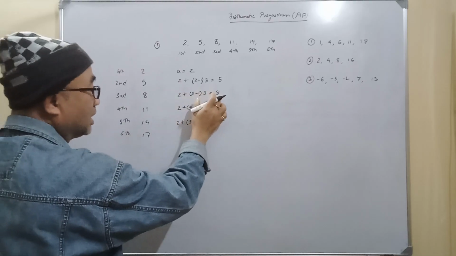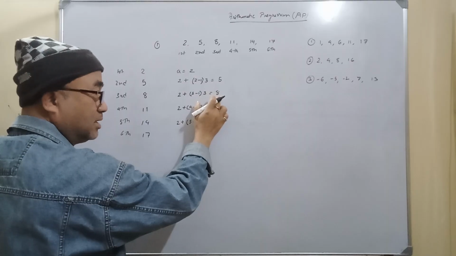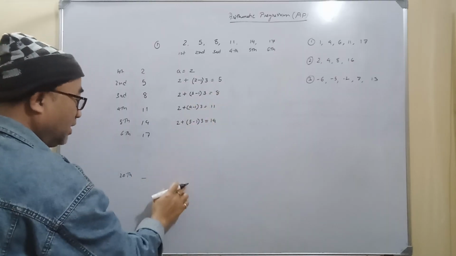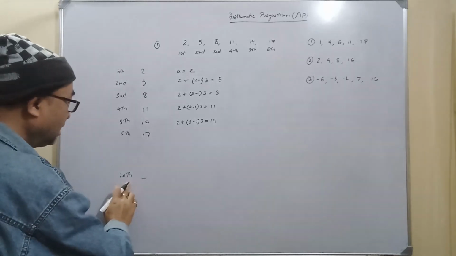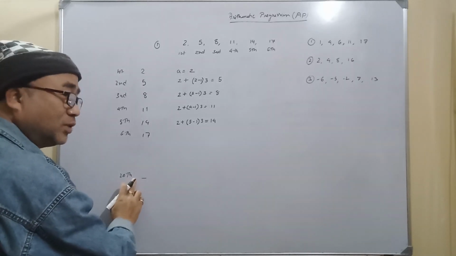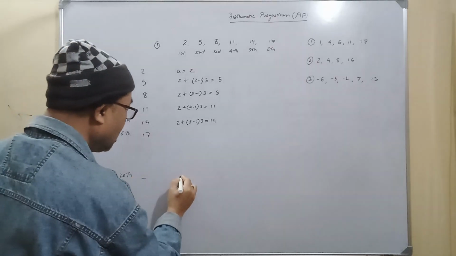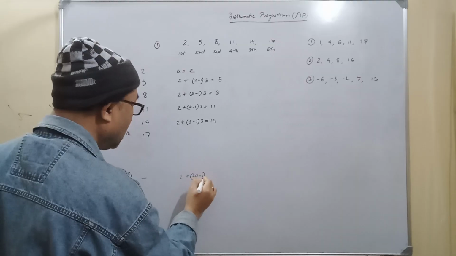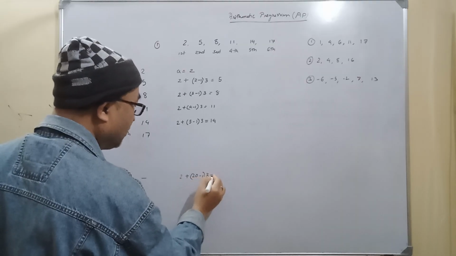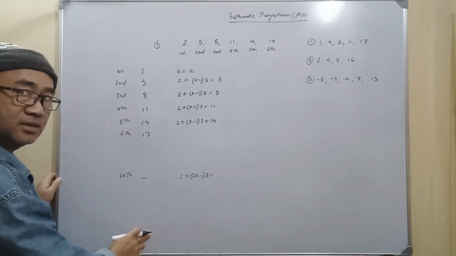Add it together, you get the term, right? So, following this, what do we get as the formula? How do we get the nth term or the last term, the 20th term? The 20th term obviously will be the first term plus 20 minus 1 into the common difference, right?